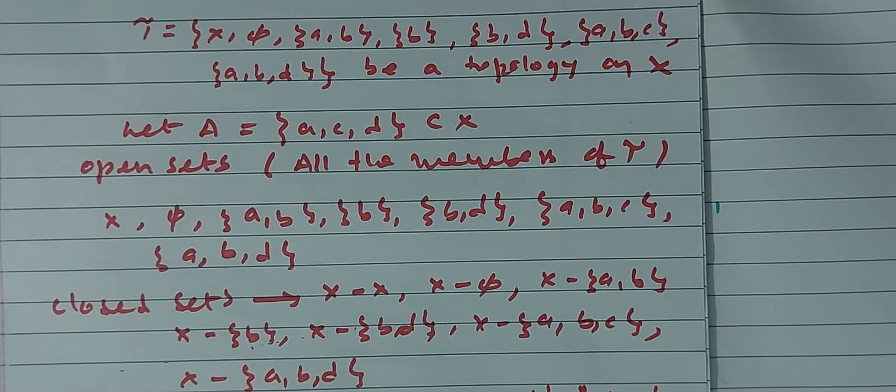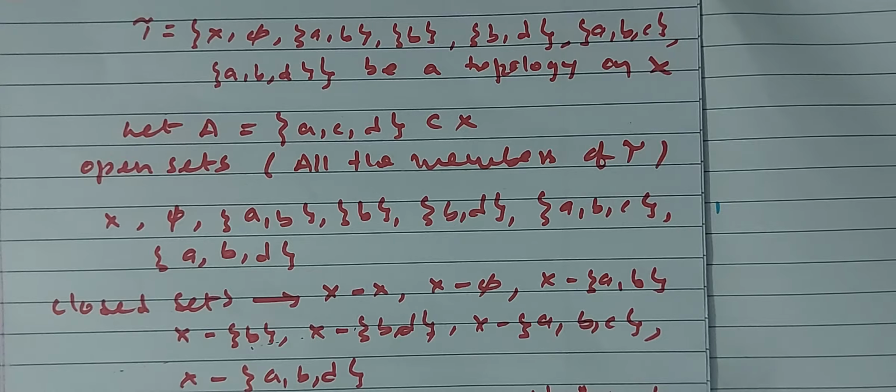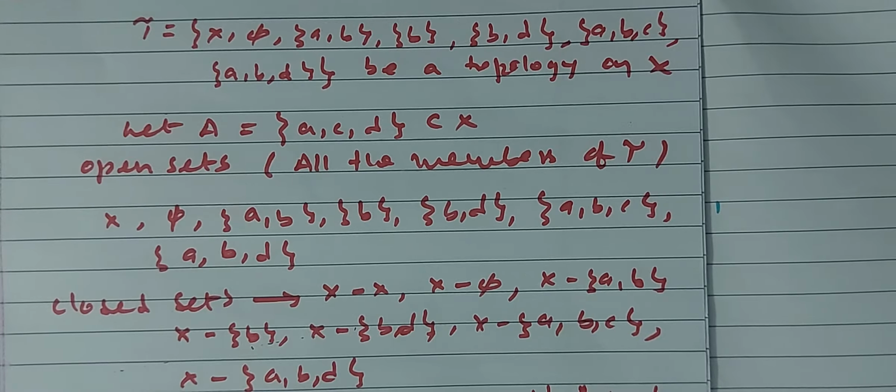Sorry, these are all the closed sets. What are they? φ, X, {c, d}, {a, c, d}, {a, c}, {d}, {c}.